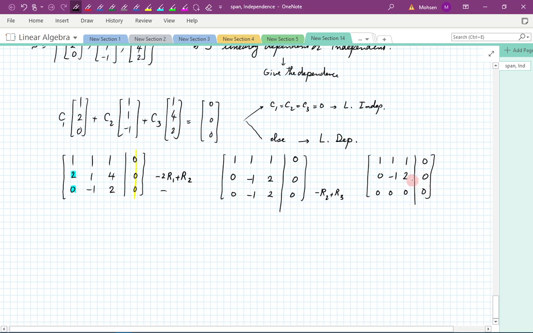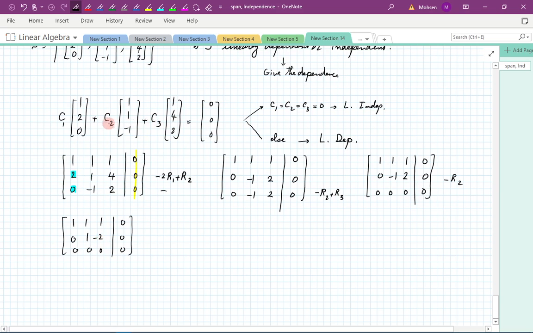Okay, continuing from here, let's do complete Gauss-Jordan. We insist on leading numbers to be 1, so I will have minus row 2, so that makes it 1, 1, 1, 0, 0, 1, minus 2, 0, and the fact that the last row got wiped out totally is the news that one of these vectors is going to be dependent on the others, and we are going to have that free parameter.